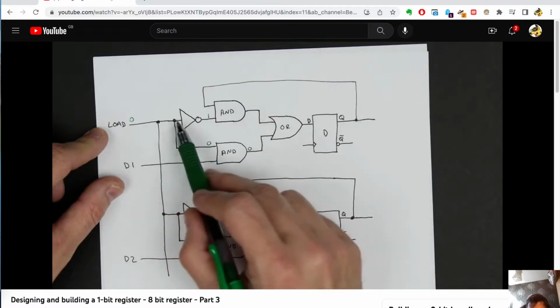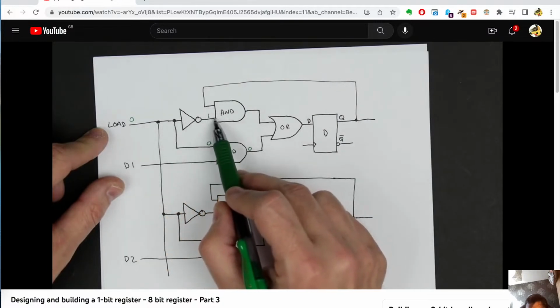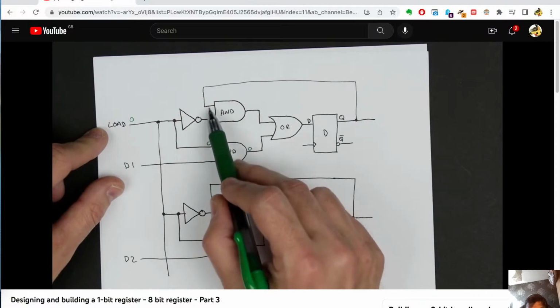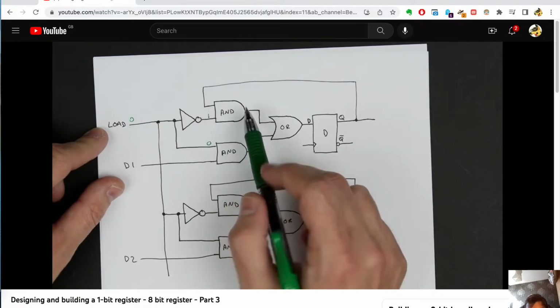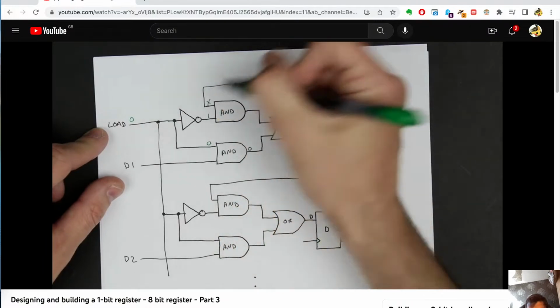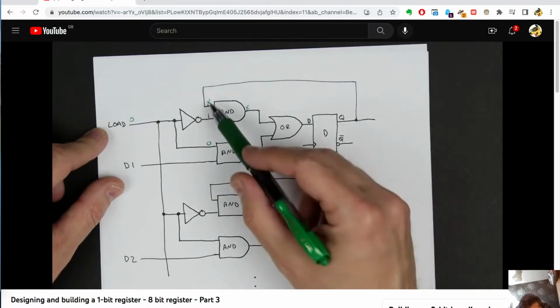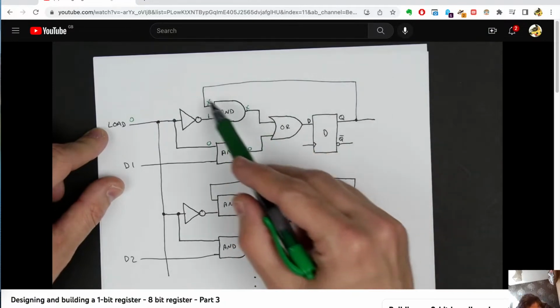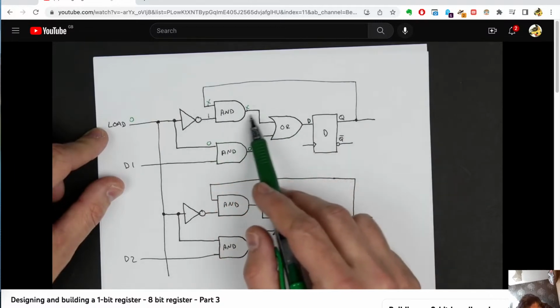Here, we're inverting that 0, and we get a 1 over here. And so in that case, 1 and 1 is going to be a 1 over here, and 1 and 0 is going to be a 0 over here. So whatever this is, we'll call it x, we're going to get the same thing out over here. So this same value is just going to pass through. This AND gate essentially is going to appear to be transparent.